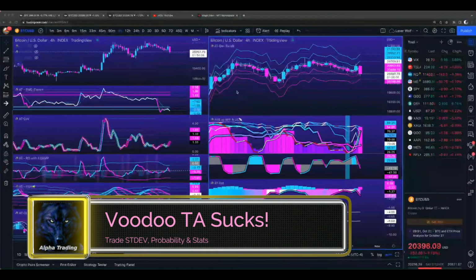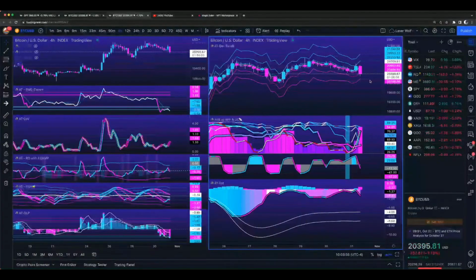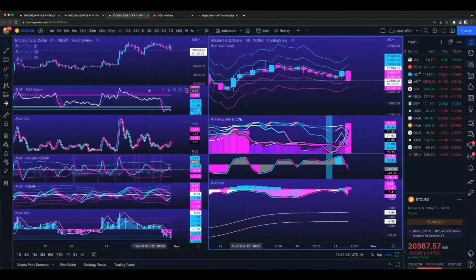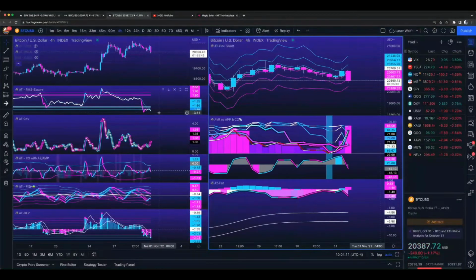That was a nice little drop and pop there on Bitcoin, man. Yeah, it was. And it's trying to get back up above the 4-hour 95.4 Laplace. It's at 20,000, just above the daily S1 too. And its E-score is pretty low. This is typical, though.